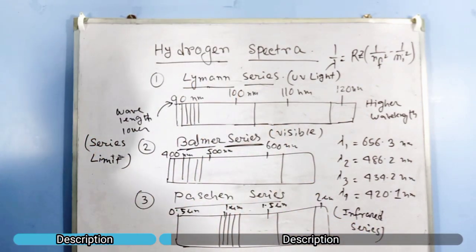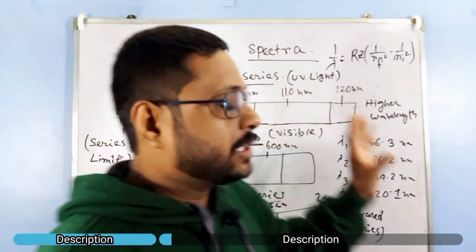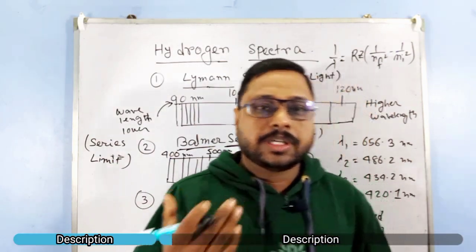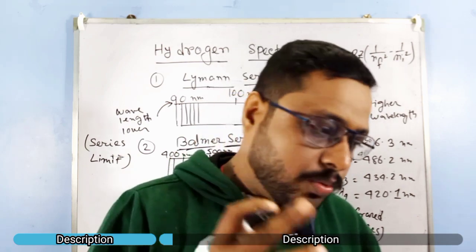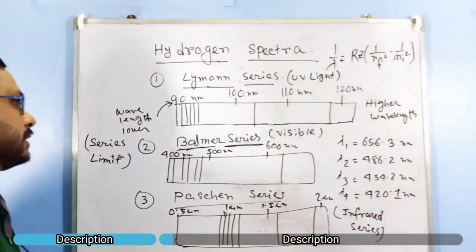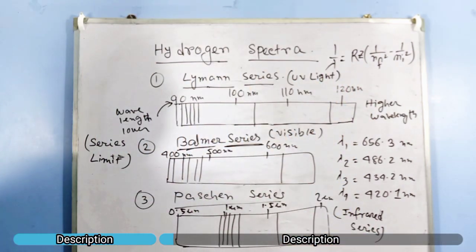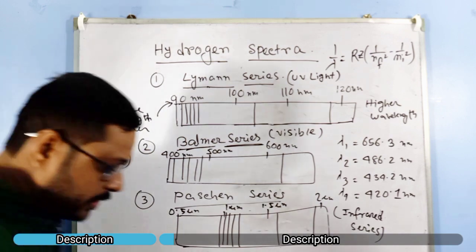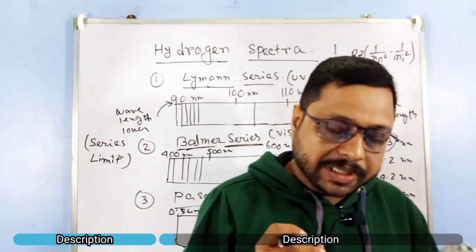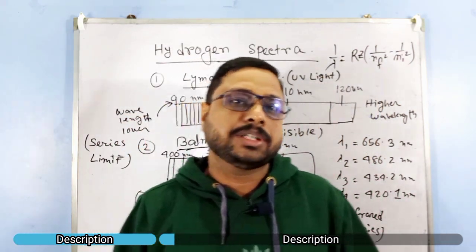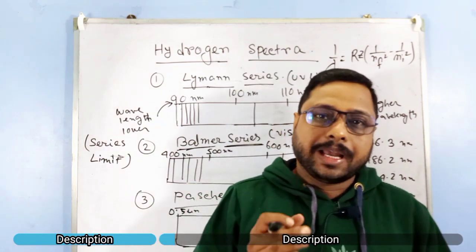Okay. So now we can state two characteristics. First, not every continuous wavelength value is present in the hydrogen spectrum.